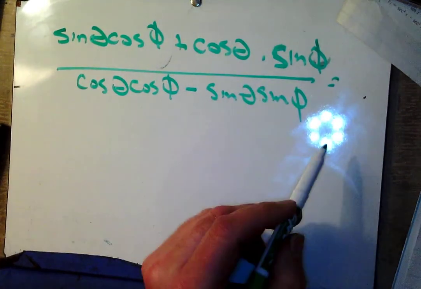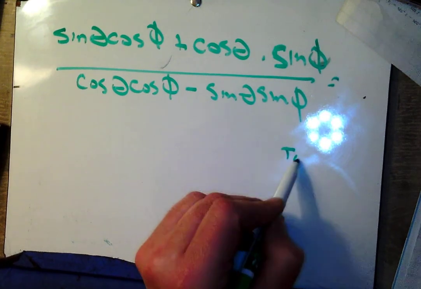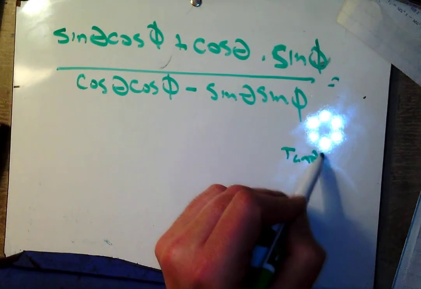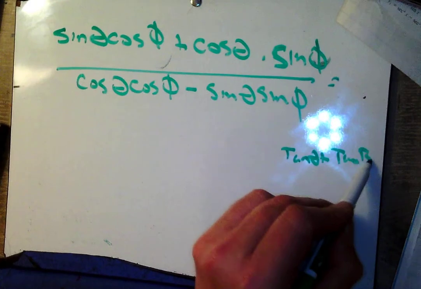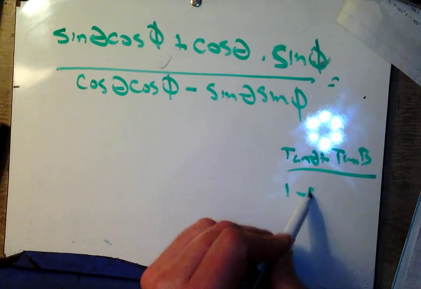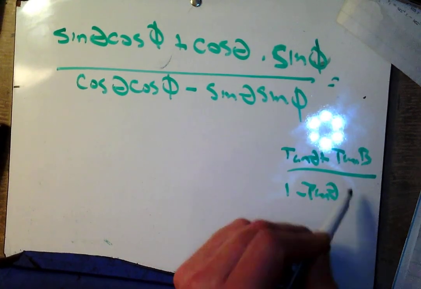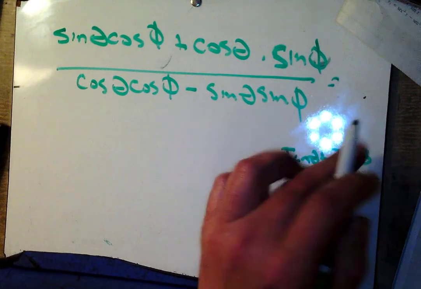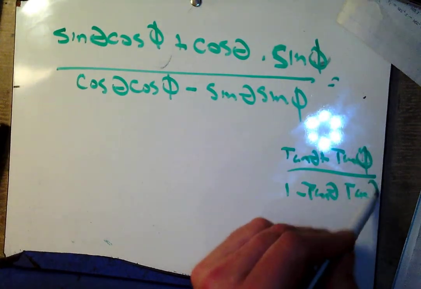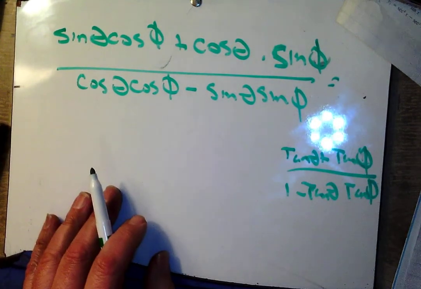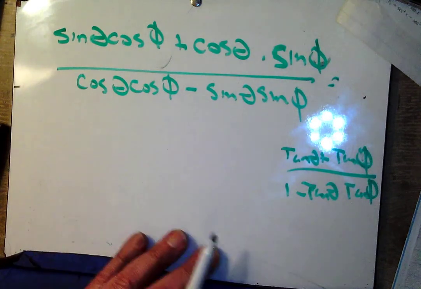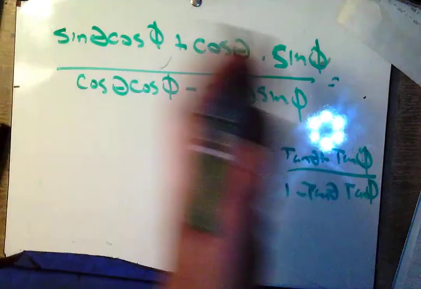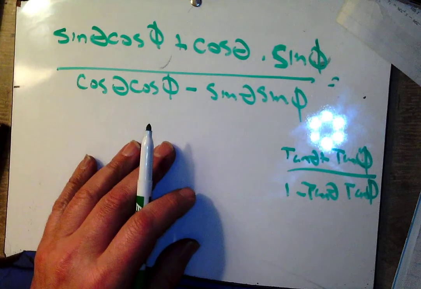And all of this should end up being tangent theta plus tangent phi over 1 minus tangent theta tangent phi. All right. Look, it's already rewritten in terms of sines and cosines.